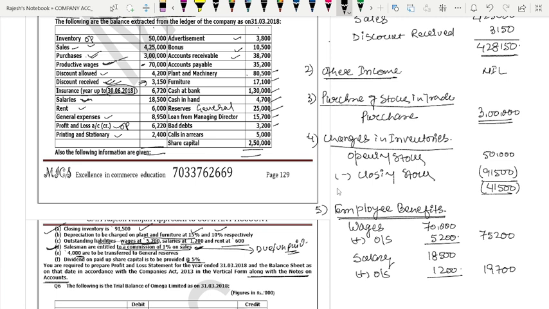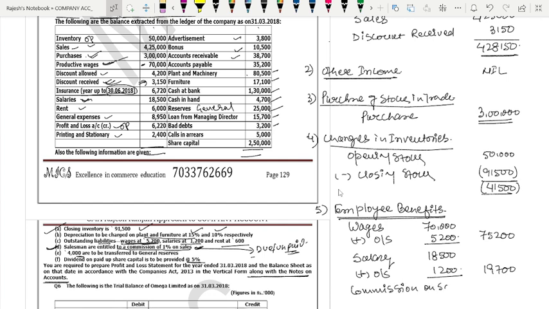Then any contribution to PF or staff welfare or any. Salesmen are entitled to a commission. Salesman is also an employee. This means commission is payable to the employee. The commission on sales comes under the employee benefit.